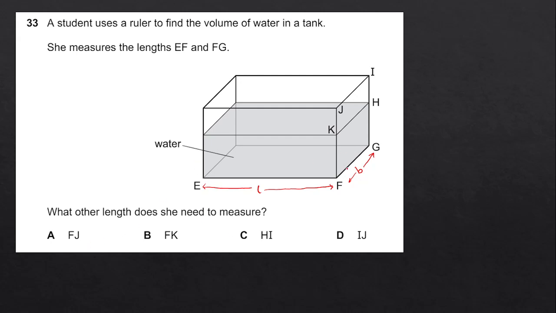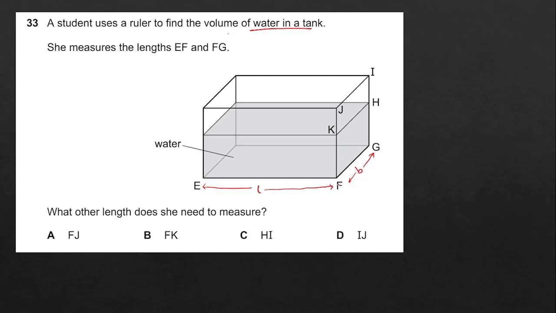The other length which she can measure can be either FK or FJ, depending on what we want to find. If I want to find the volume of the entire container, then you could have used FJ. But in the question they are asking us the volume of water in the tank. The water in the tank is the shaded region.